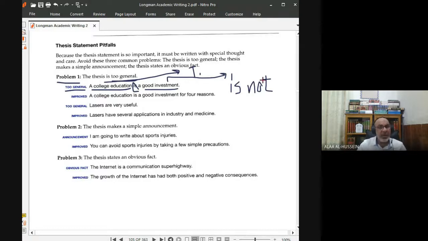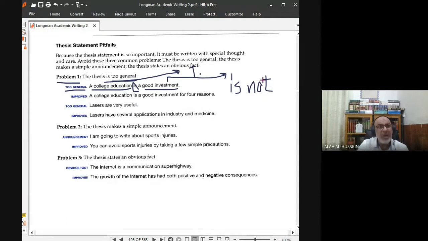We don't know. So there is no specific idea about it. For whom, why, what? Always ask yourself these questions. When you write a thesis sentence, you should be specific. You should give a controlling idea that represents a good and specific thesis sentence.